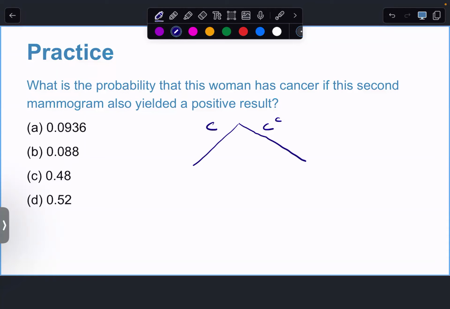That's nice and round here. I'm not even writing the probability of C is 0.12. I just jot down the probability below. We're gonna get lazy with this stuff. What's the probability of not cancer then? Must be 0.88.